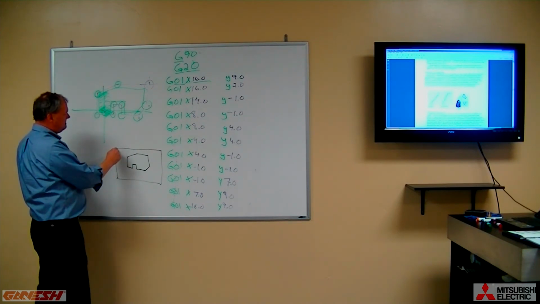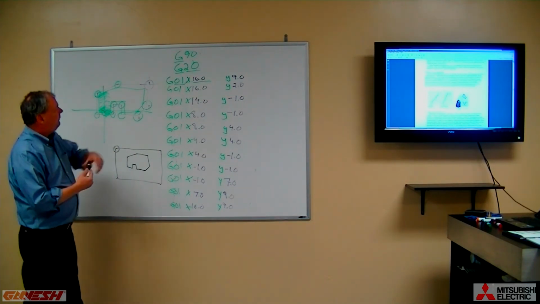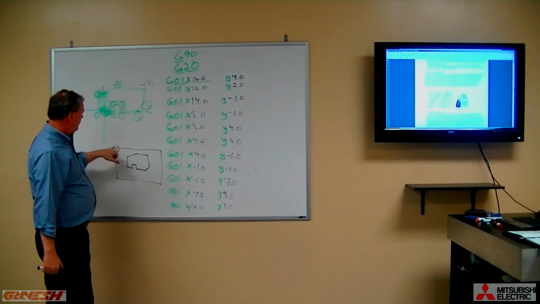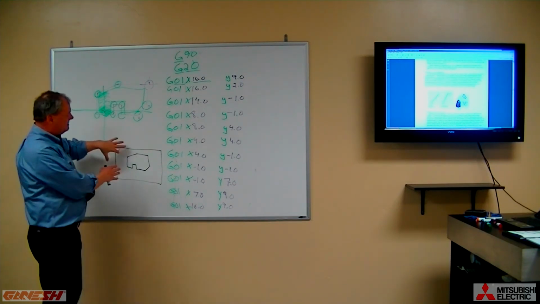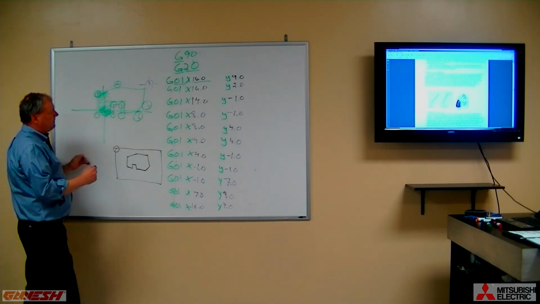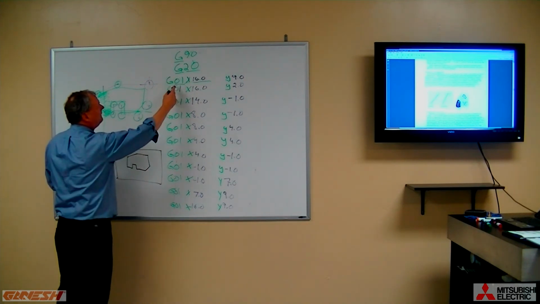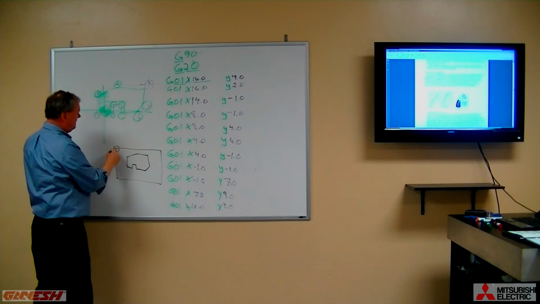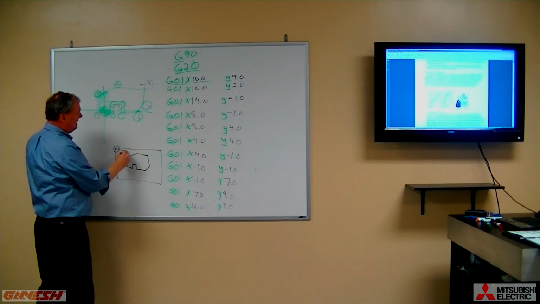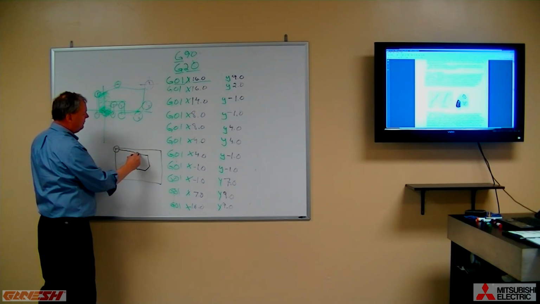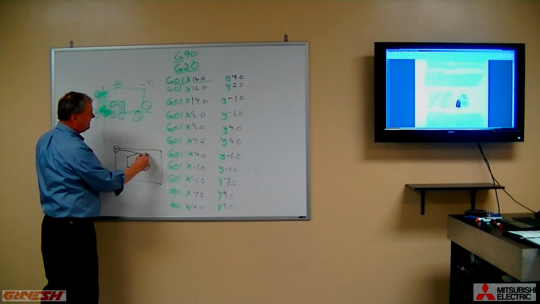The machine is located somewhere before it reads this first line, and let's just say it's sitting over the top edge of the table. So as we run this program, it's going to say G01, X16, Y9. That means the movement will be taking our tool to the first cutting position.